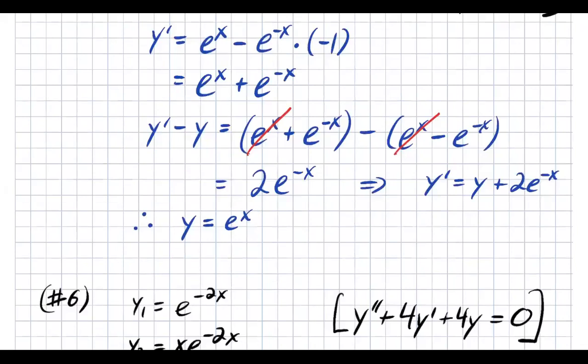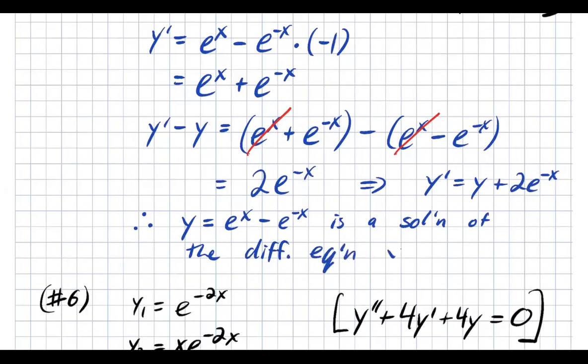So therefore y equals e to the x minus e to the negative x is a solution of the differential equation y prime equals y plus 2e to the negative x.